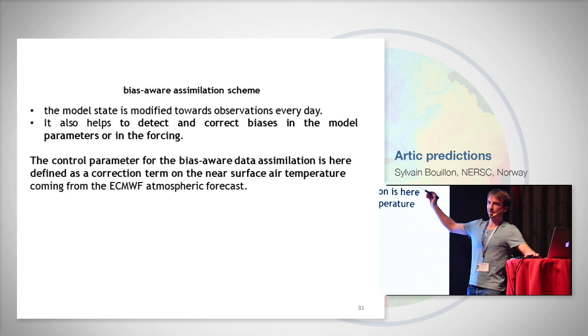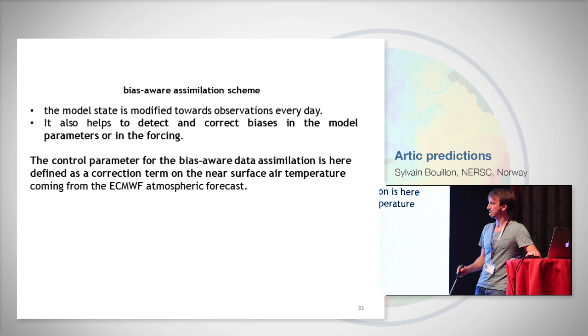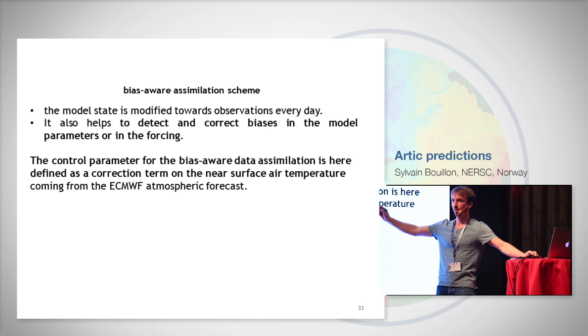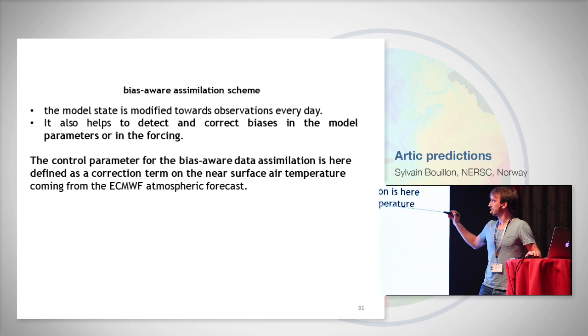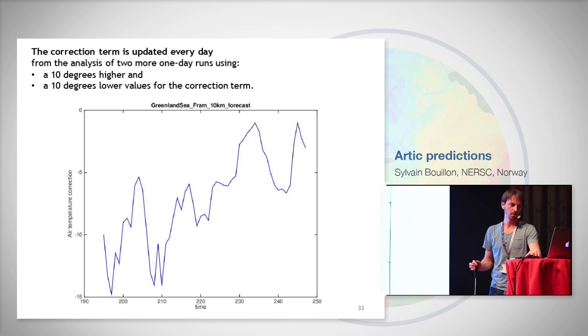So the idea behind a bias-aware data assimilation system is to use this information. If you are always correcting in the same direction, you know that there is a bias, and you will try to correct that. You need a control parameter, and in our case, we chose the control parameter to be a correction on the near surface air temperature.